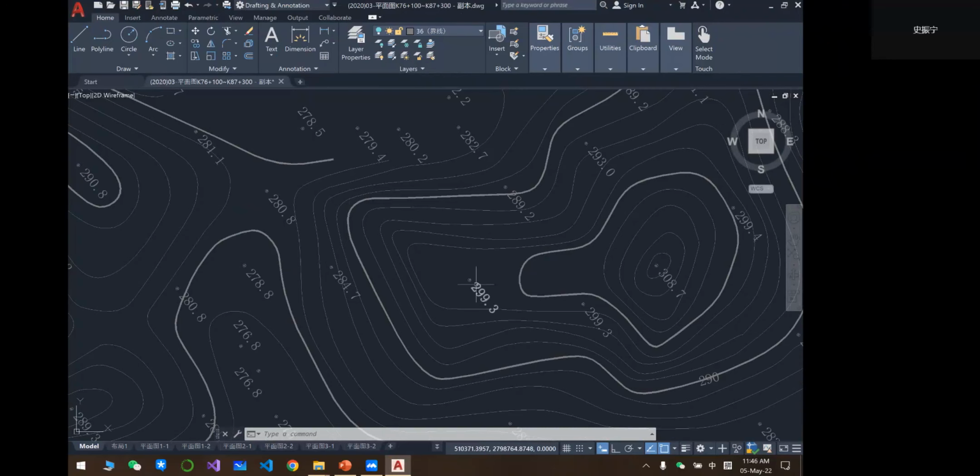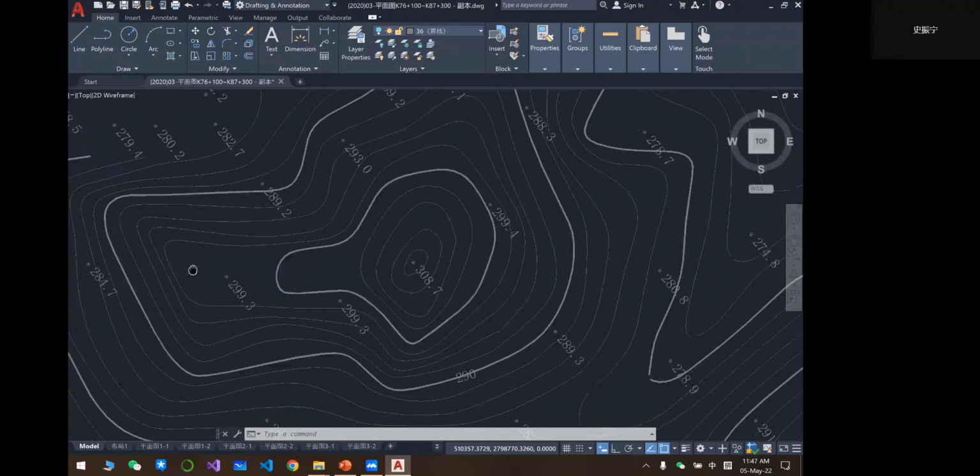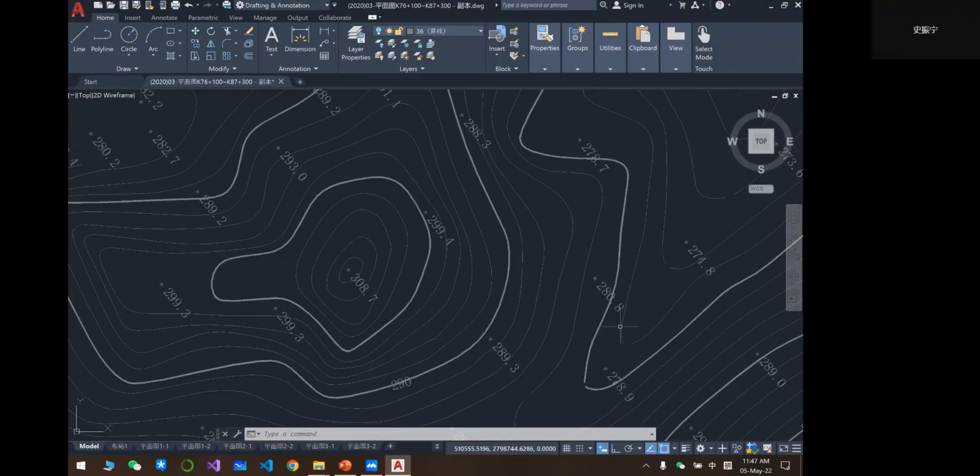Because you can see here is almost 300, and here is 280. So here is a ridge, and just now on this place, this one is a valley. And as for this one, is a top.